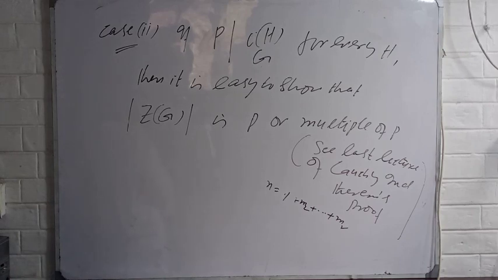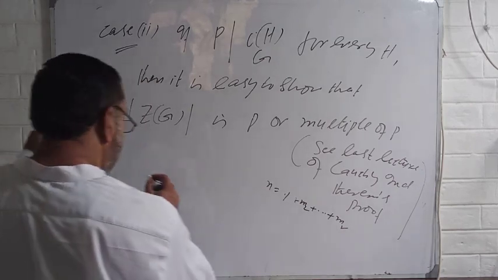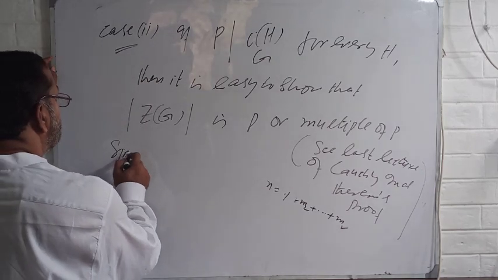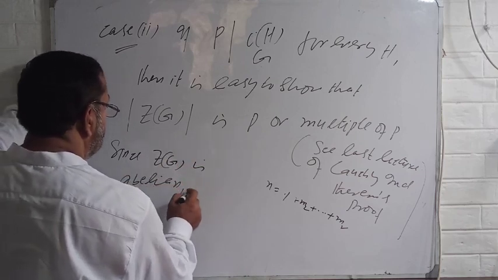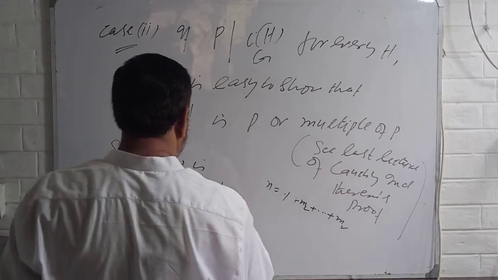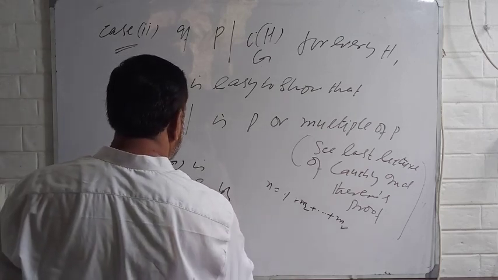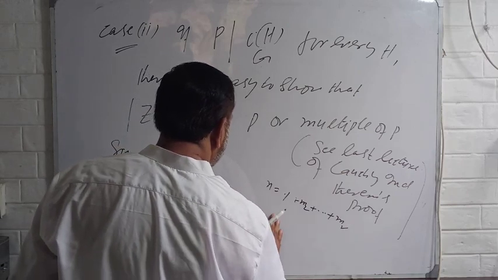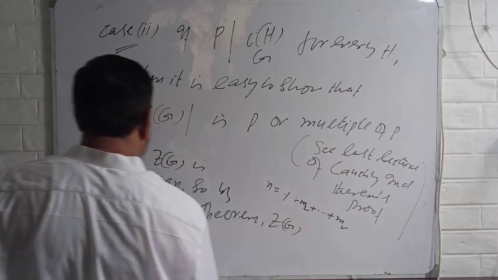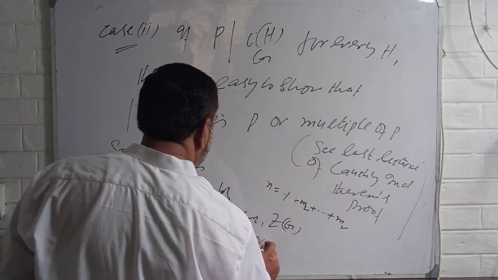Next idea is easy. Hence, by Cauchy's first theorem, since the center of G is abelian, by Cauchy's theorem the center of G has an element of order p.